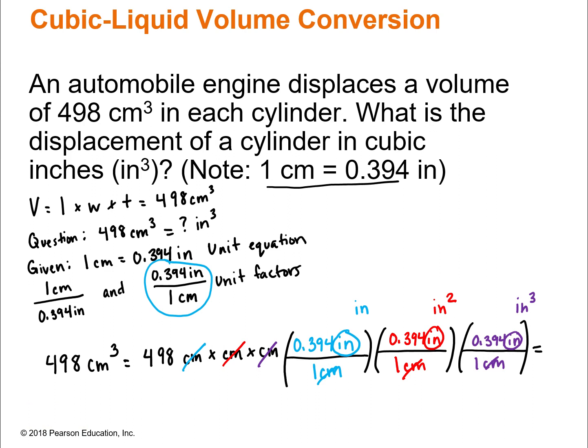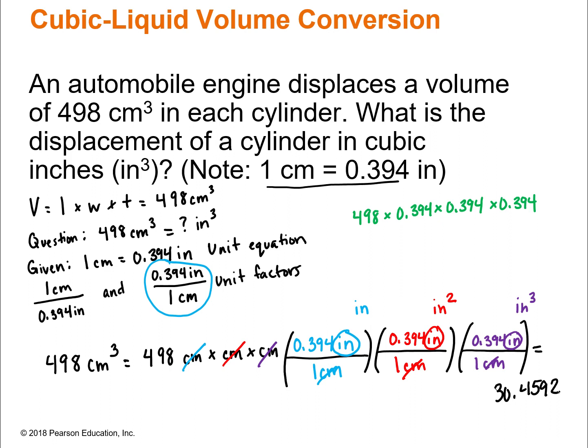So the multiplication you're doing is 498 times 0.394 times 0.394 times 0.394. That's what you're putting into your calculator. When you do that, your calculator will give you an answer of 30.4592, bunch of numbers.